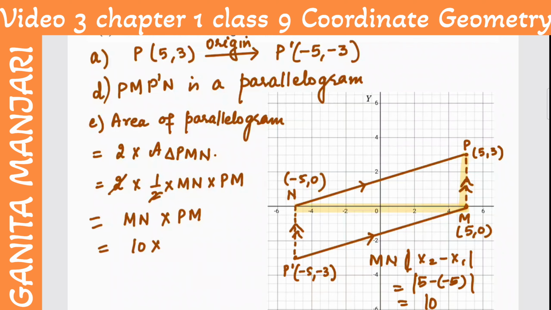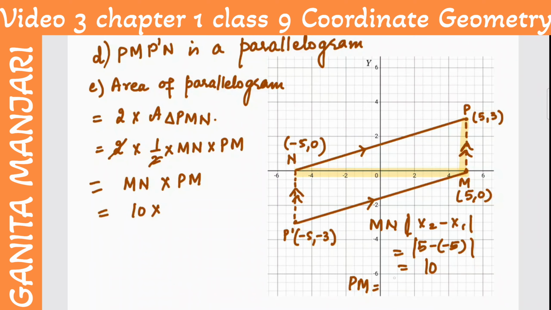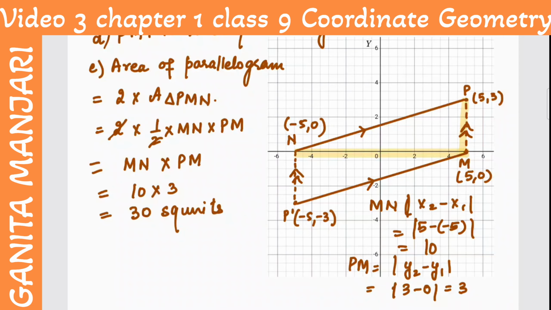So PM is equal to y2 minus y1, if they are vertical or horizontal lines. So it is equal to 3 minus 0, which is equal to 3. So the answer is 30 square units.